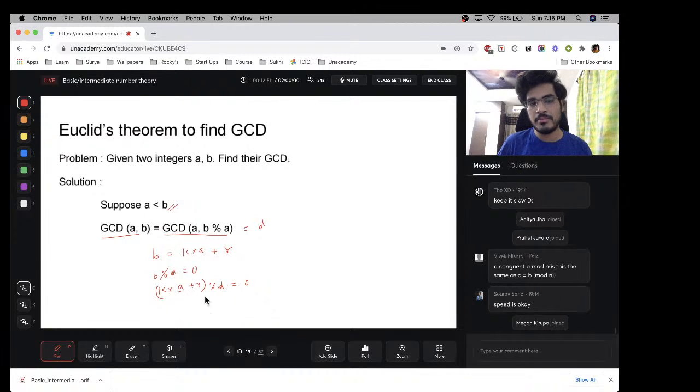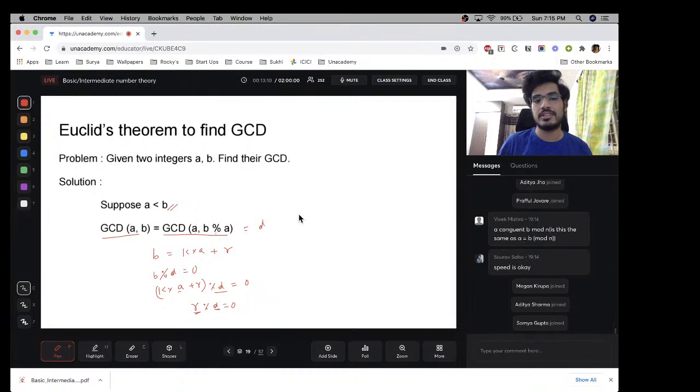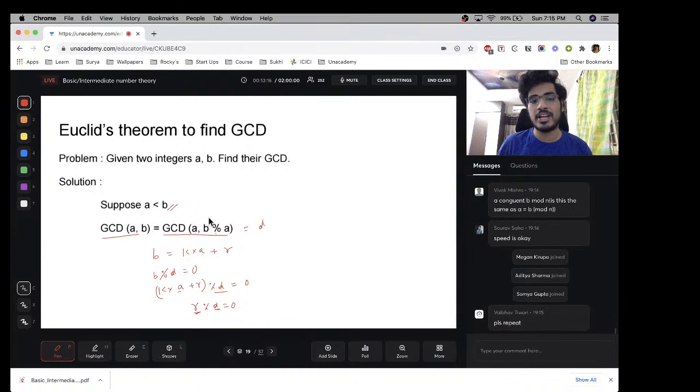Since a mod d is 0, we just get r mod d equals 0. So d is also a divisor of r. D is also a factor of r. So we get GCD of a comma r the same as GCD of a comma b. You may ask, what if GCD of a comma r is greater than d?